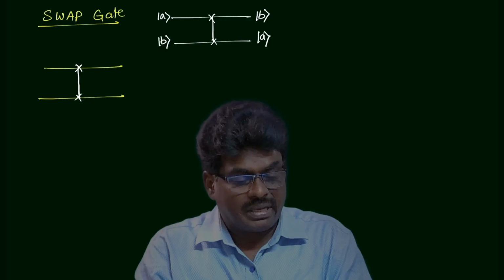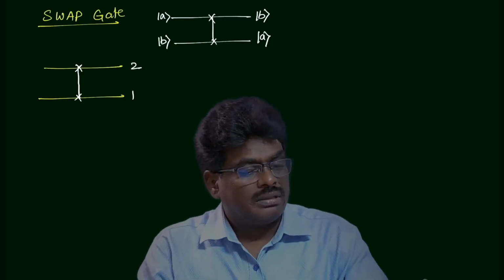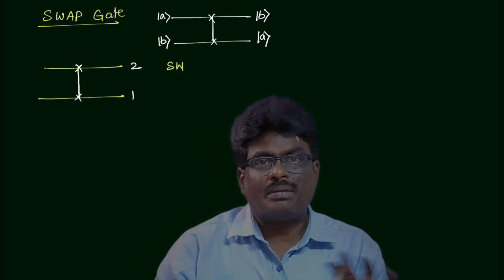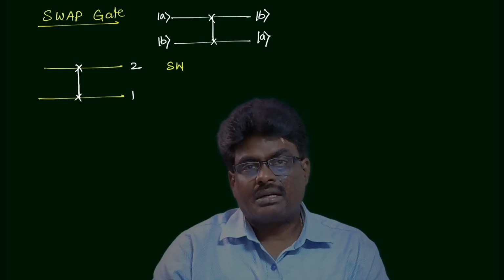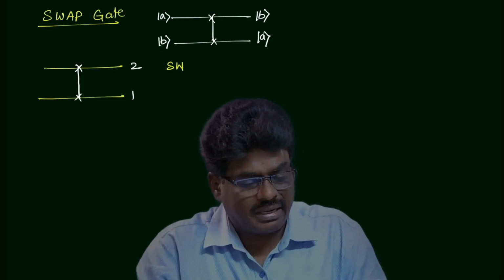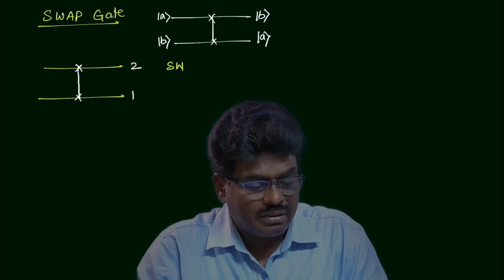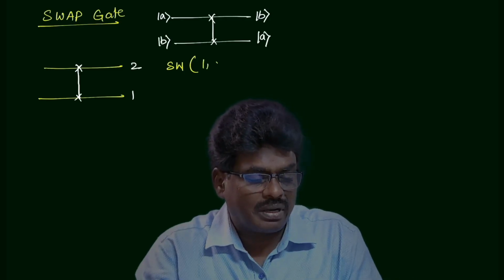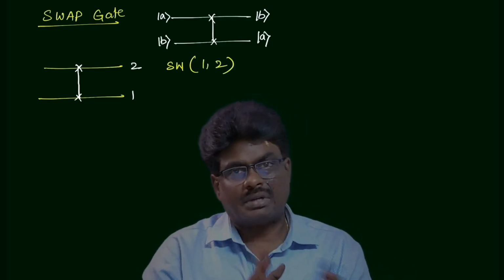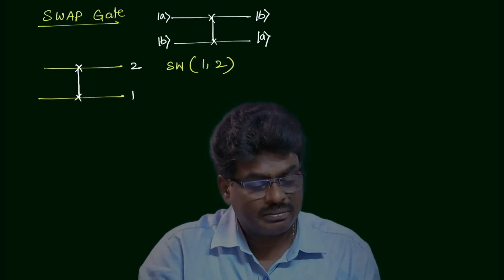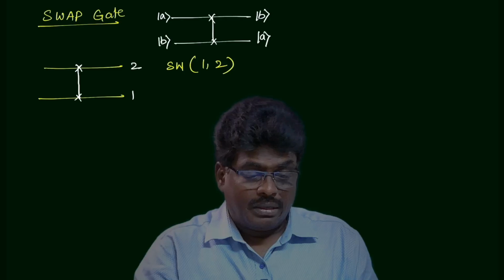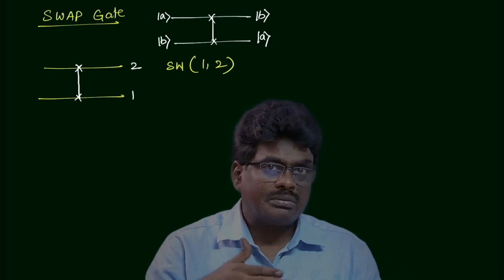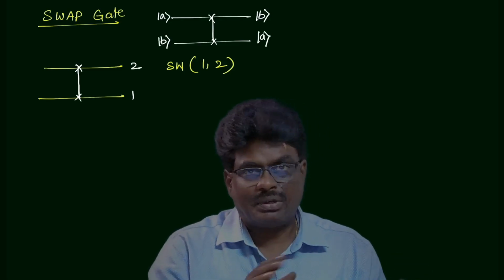So 2 qubits are there, that is 1 2. Then it's very simple. I'm using this SW, because I cannot take the first letter S because S gate is already there. SW, that is 1 and 2 will interchange, that means 1 comma 2 only. Either you can write 2 comma 1 or 1 comma 2, it's not a problem. Okay, right. And I will explain, if more number of qubits are there, then how to do all these things in the next video we'll discuss.